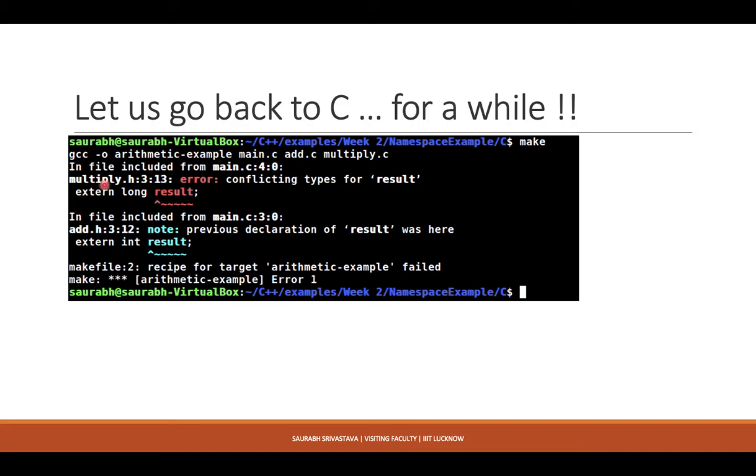There are two places, one in multiply.h and one in add.h, and in both these places there is a variable called result. While the one in multiply is of type long, the one in add.h is of type int, and this is what the compiler is complaining about, that there are multiple declarations for the identifier result.